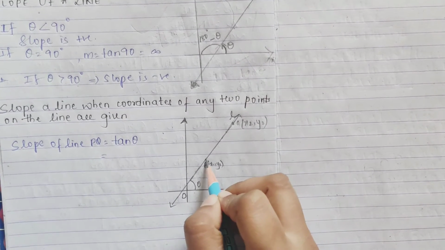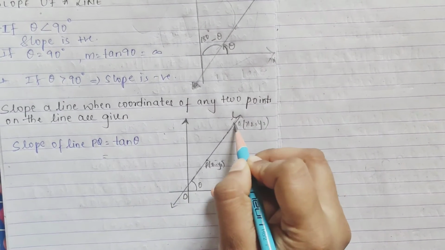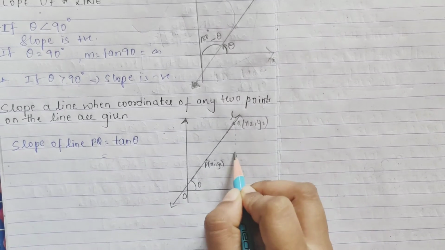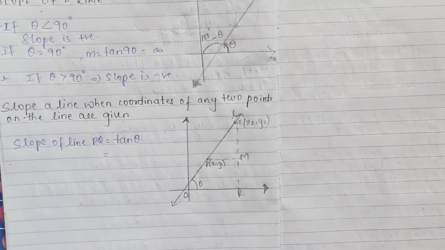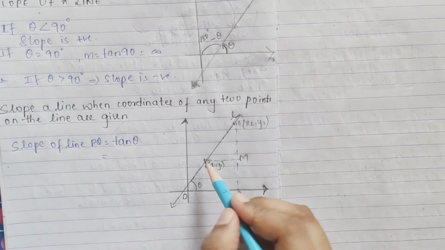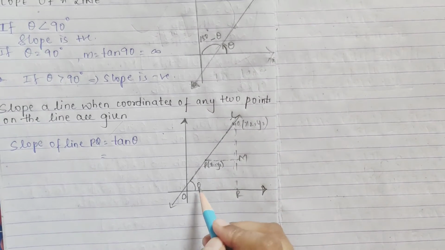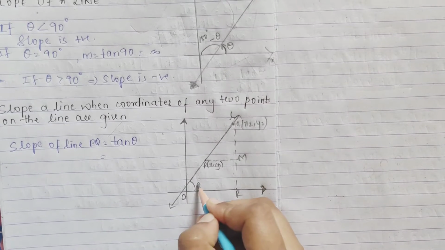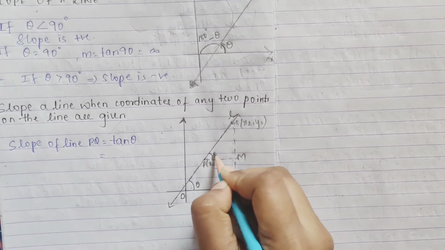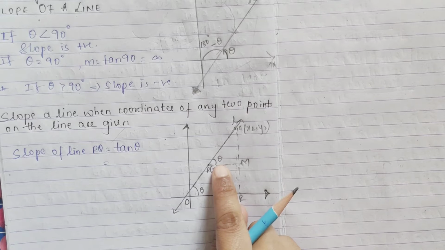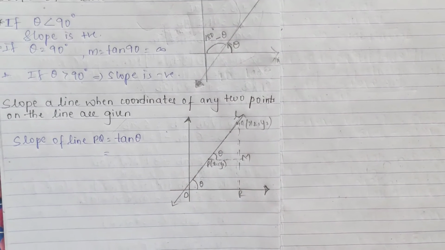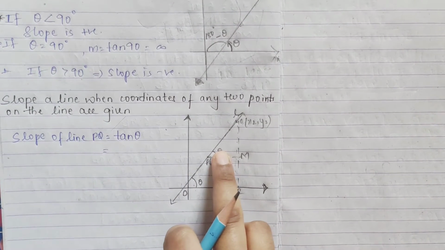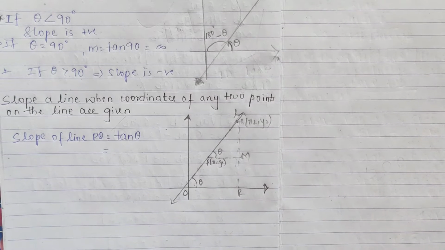Suppose I draw perpendiculars QR and PM. Now see, this line is parallel to the x axis, so the angle here is theta, and obviously here also it will make theta.